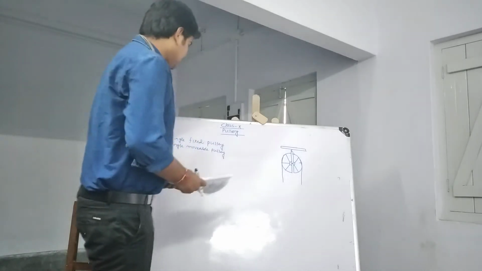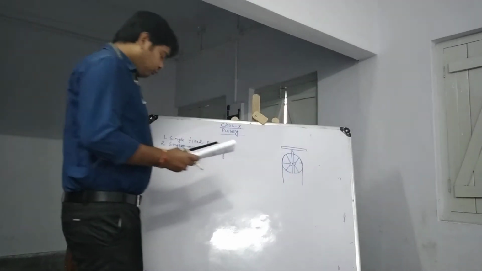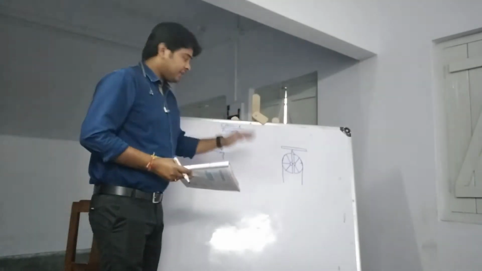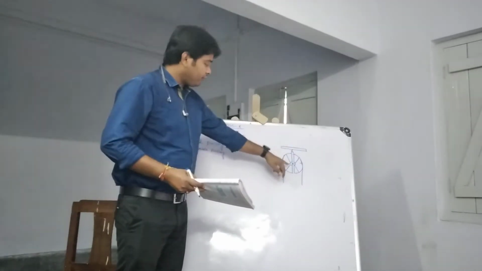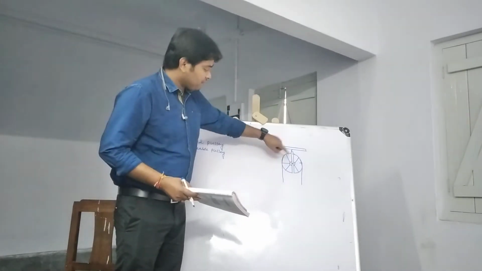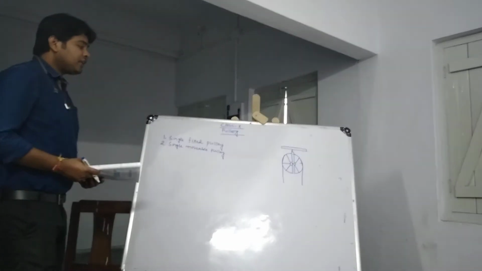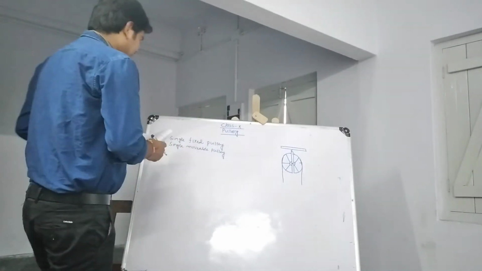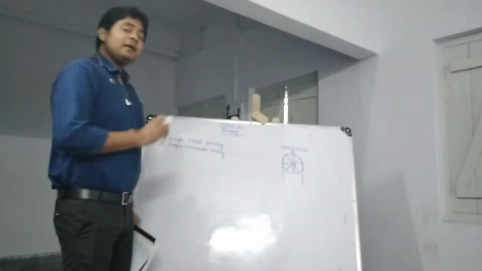So we can define a single fixed pulley like that: a pulley which has its axis of rotation fixed. This pulley moves about this fixed axis. That is why it is the fixed pulley. This string is inextensible and massless.